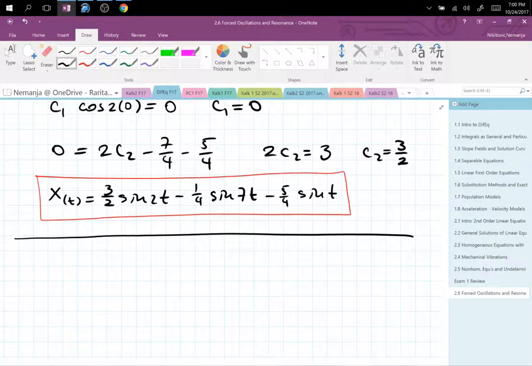Actually, you know what? This is good enough because you said you had some questions regarding the exam. So let's end here. We'll do another example after the exam, and then take a look at circuits as well. We have to start chapter 3 last week, and go from there.